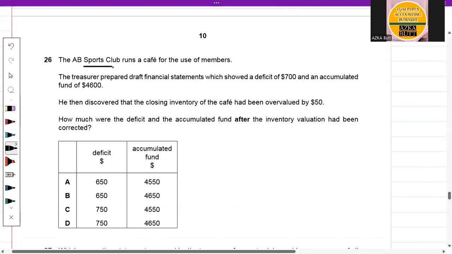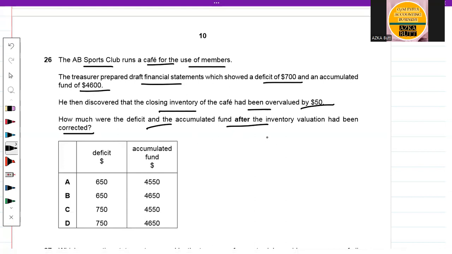So AB Sports Club runs a cafe for the use of members. The treasurer prepared draft financial statements which showed a deficit of $700 and an accumulated fund of $4,600. It was then discovered that the closing inventory of the cafe had been overvalued by $50. How much were the deficit and the accumulated fund after the inventory valuation had been corrected? First of all, what is the deficit?